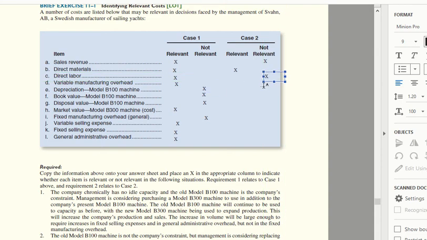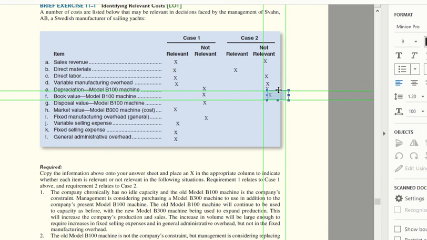Variable overhead, no change if they're making the exact same number of products. Depreciation, no, not relevant. Remember, we incur depreciation no matter what. The only thing that's going to be relevant is that disposal value, right? So these are all going to be a no, except for disposal value. Oh, there you go.